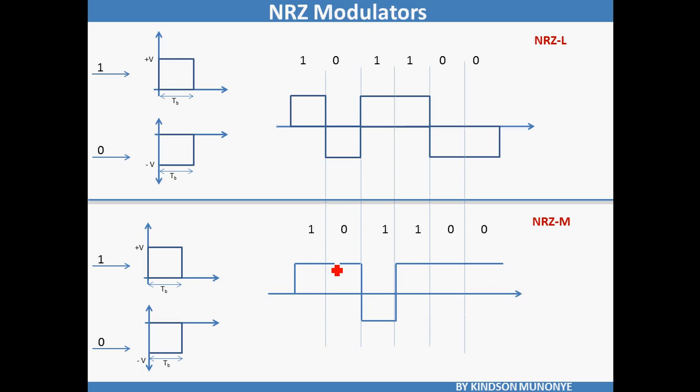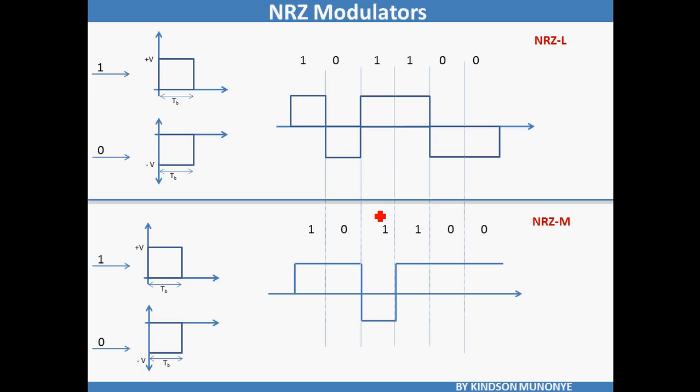A 0 is received, nothing happens, it stays. A 1 is received, it goes down and stays. A 1 is received, it changes, it stays. A 0 is received, nothing happens. A 0 is received, nothing happens, it stays just there. I hope this is clear.